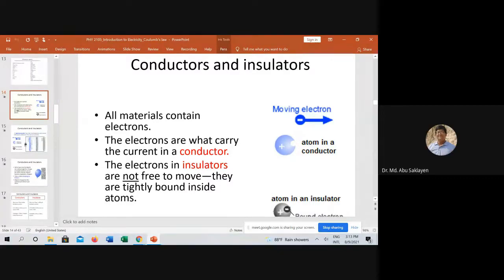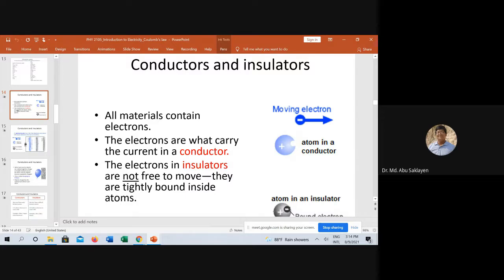Those materials have a high atomic number, so some electrons are far from the nucleus and they are loosely bound to the nucleus, and when you apply potential difference, electrons can easily move through this material, right?